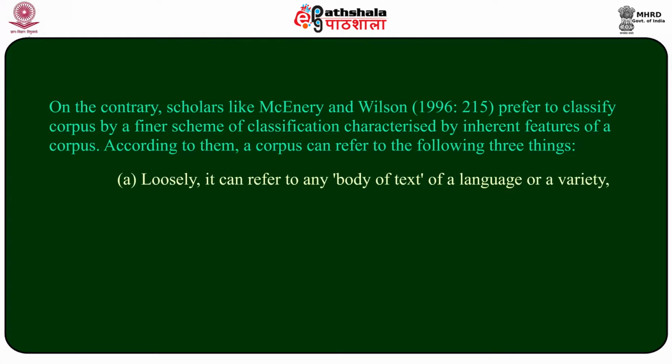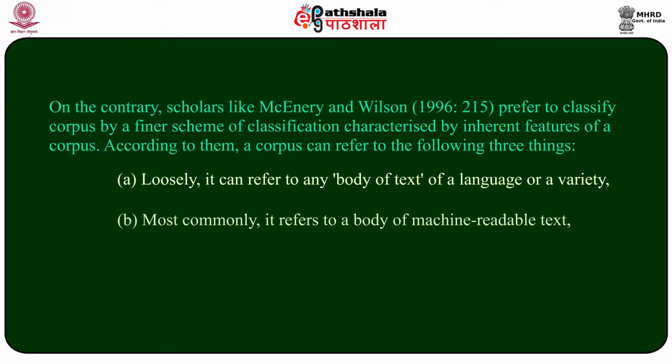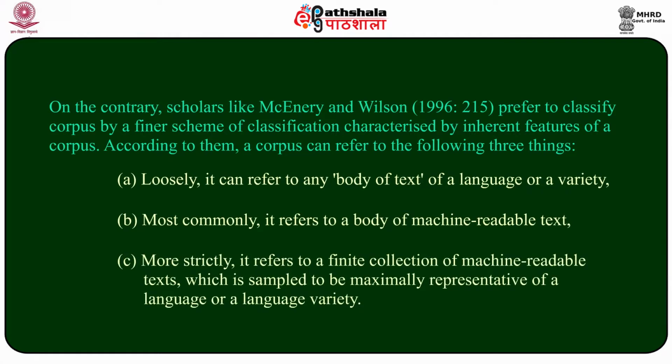They are mostly interested not to put the term in a one-dimensional way. Rather, they find corpus to be polysemous in sense because it may have different connotations in different texts and different situations. According to them, loosely, it can refer to any body of text of a language or a variety that is under study.